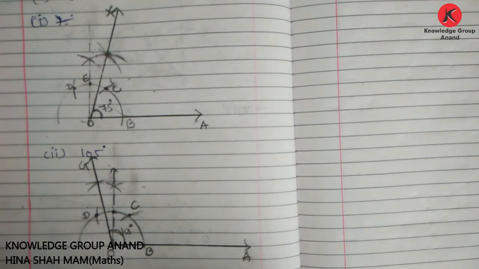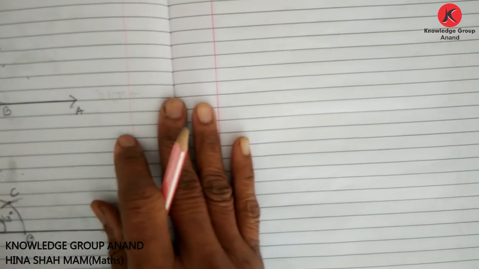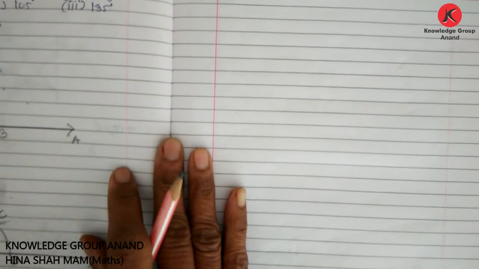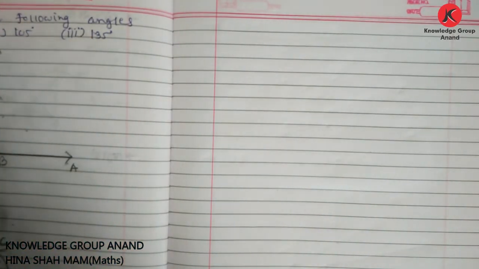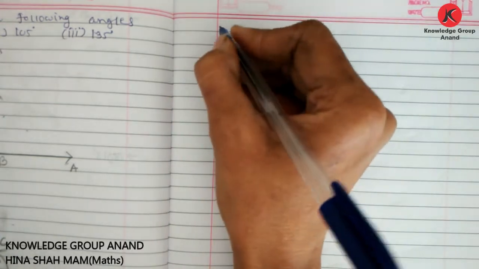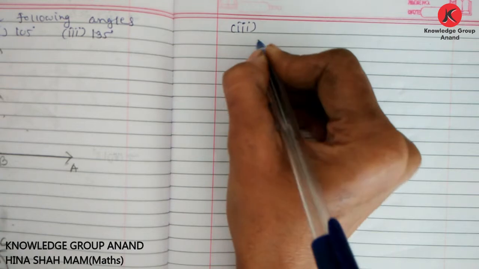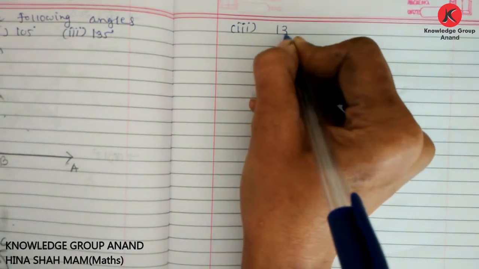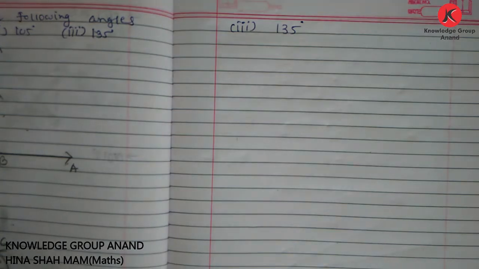Now, construction of this angle 135. To construct angle 135 degrees, how do we draw angle 135?